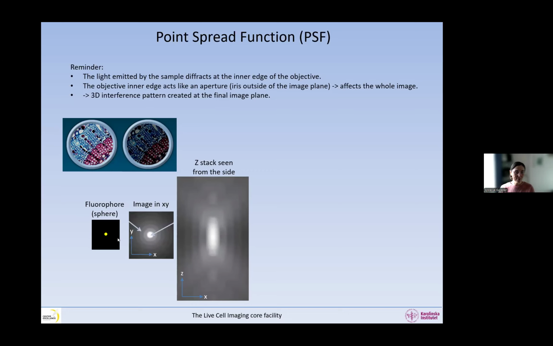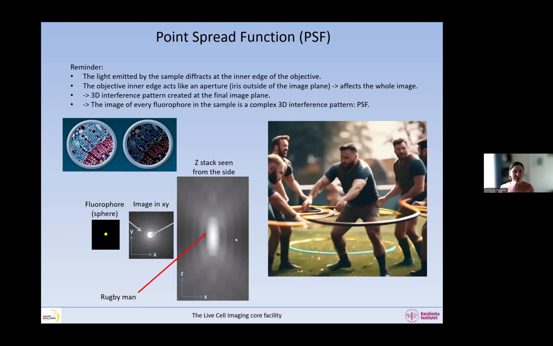And in the Z dimension, if you make a Z stack through this, we see a rugby ball. We see an elongated blob. So we have a different resolution in XY and in Z. And the image of every single fluorophore in our sample does that. And this is what we're imaging. We're imaging the point spread function. So this is the rugby ball.